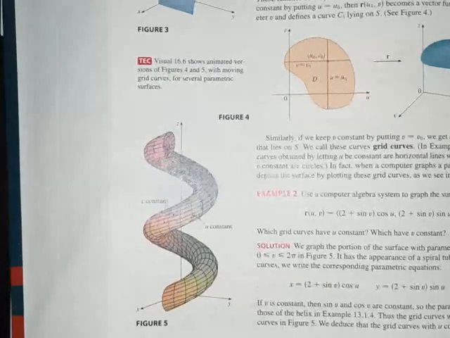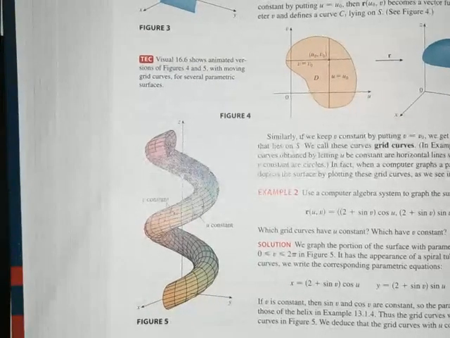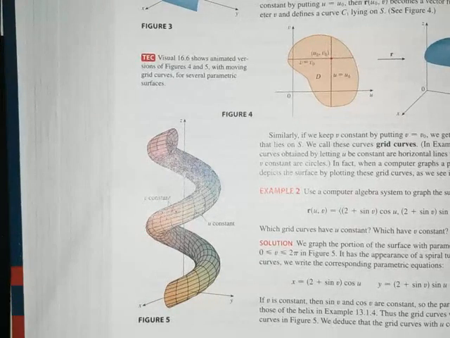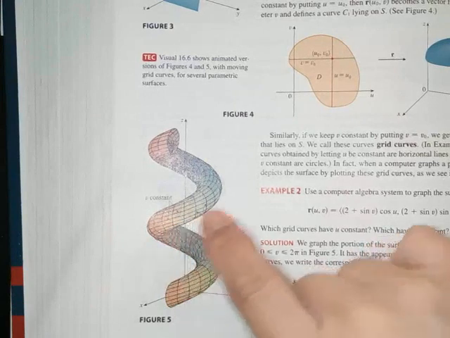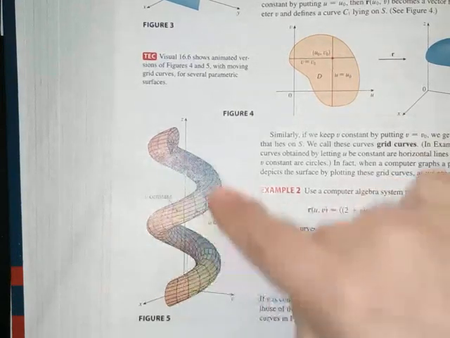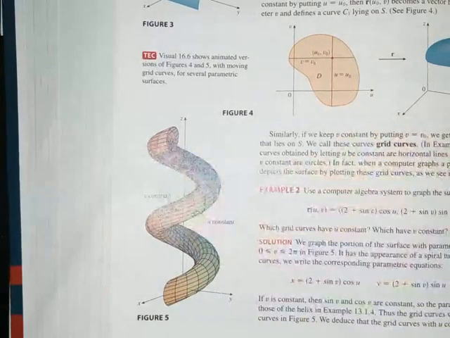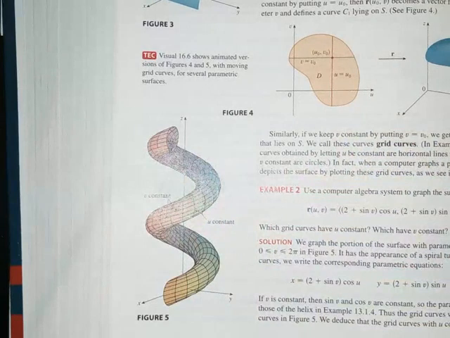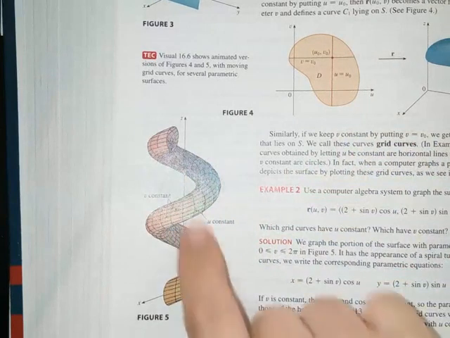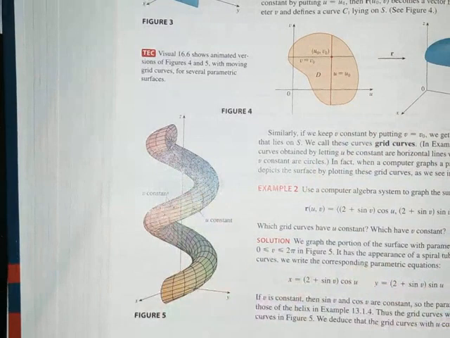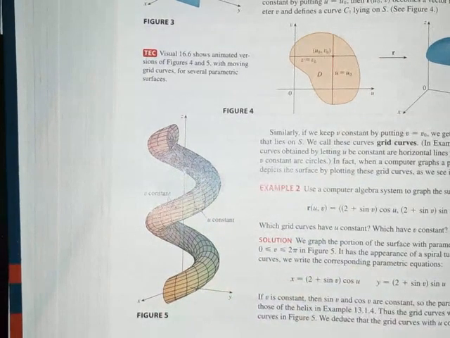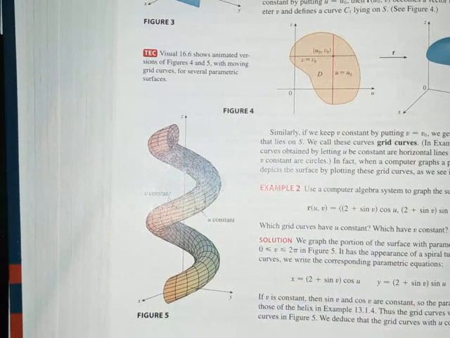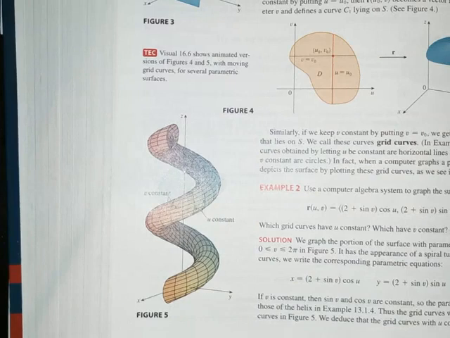That circle that we were just talking about is moving up the helix. If I fix a value of V, I get the helix that is the grid line going up. If I fix a value of U, I get a circle going around this tube. They sell this in the Italian markets as a type of pasta, people. This is now a helicoid instead of a helix.